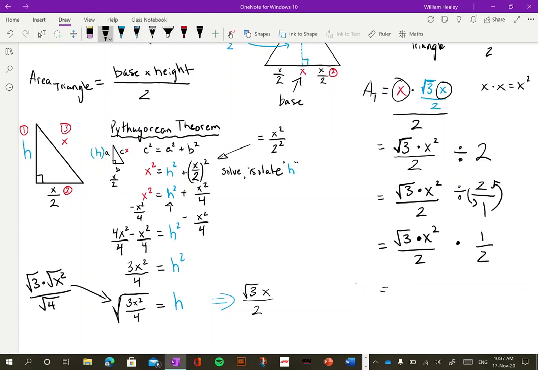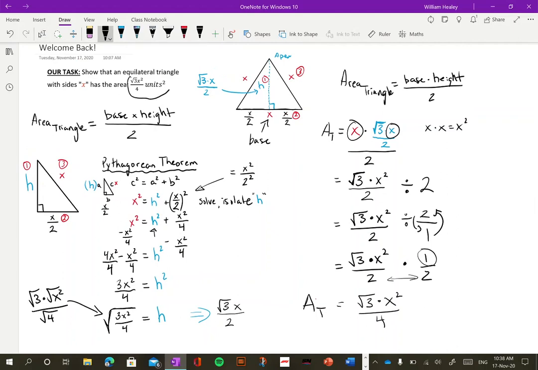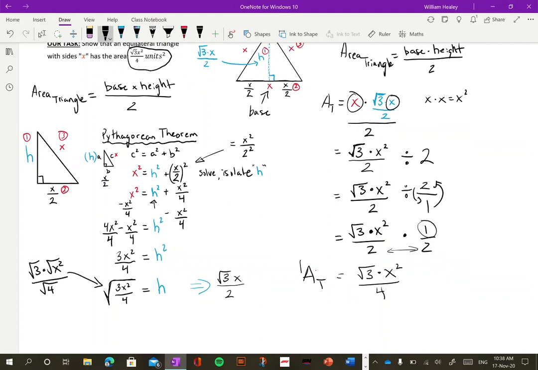When we multiply the numerators, well, we are multiplying by 1, so the original numerator stays the same. And 2 times 2 down here, well, that's 4. And we have found the area of this equilateral triangle. Our question at the start was, we need to show that this is true for square root 3 times x squared divided by 4. And this is our final answer, units squared.